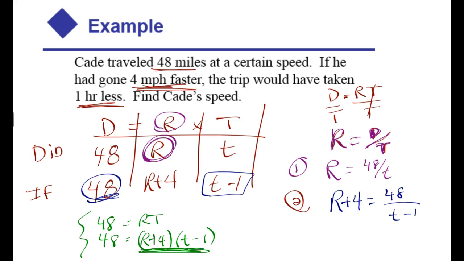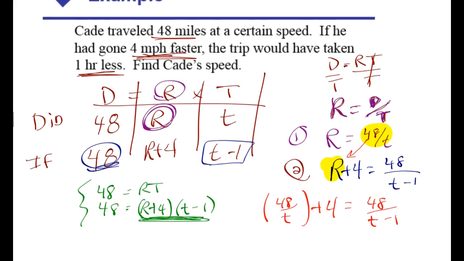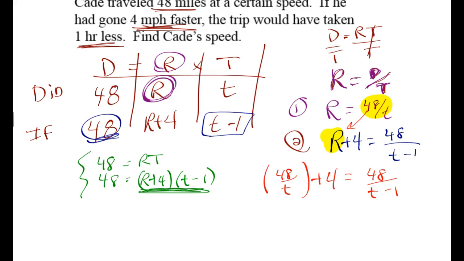I think this is a little bit easier because I see some substitution going here. If rate is 48 divided by time, I can replace these rates. So I'm going to substitute that rate in here. So I'll have 48 over t for my new rate plus 4 should equal 48 over t minus 1. It's a mess. It doesn't matter whether you do the green method or the red method. Either way is going to be difficult.